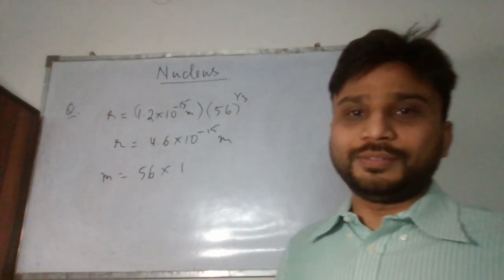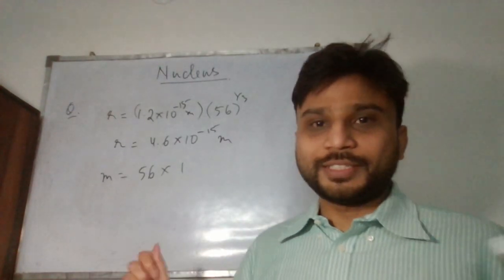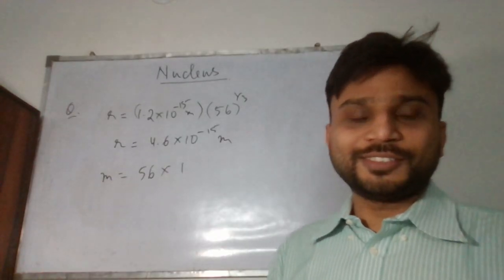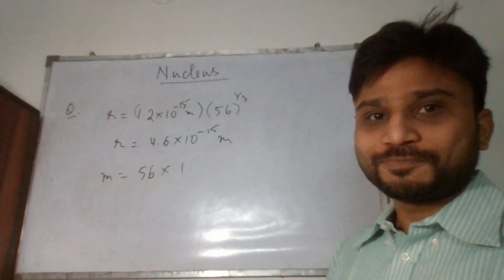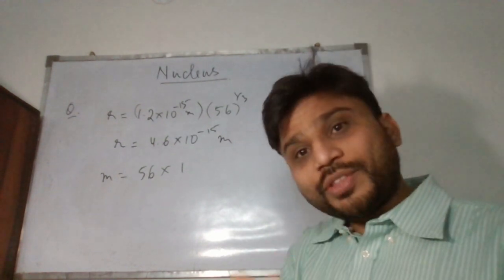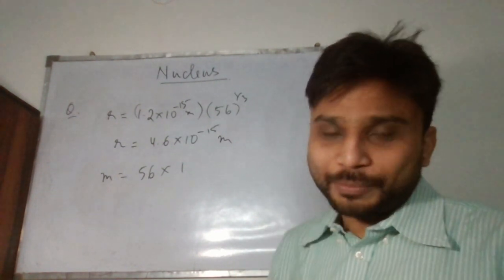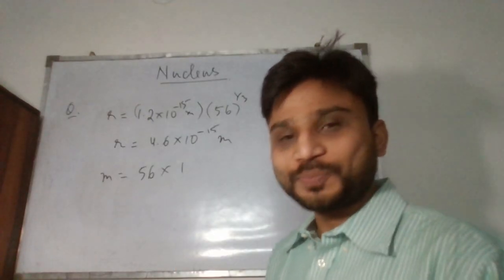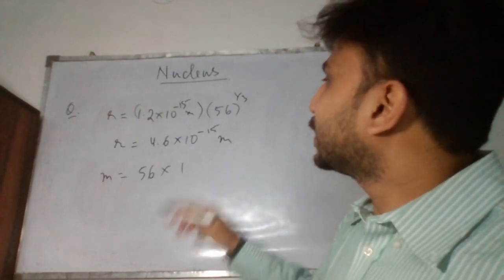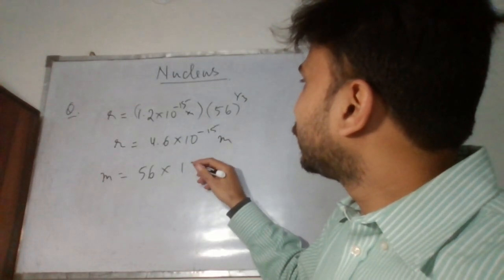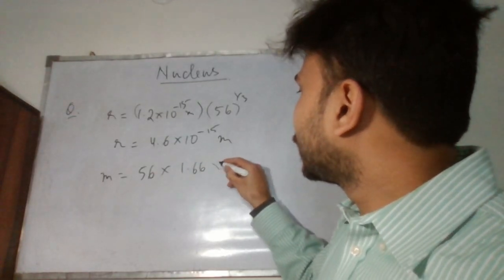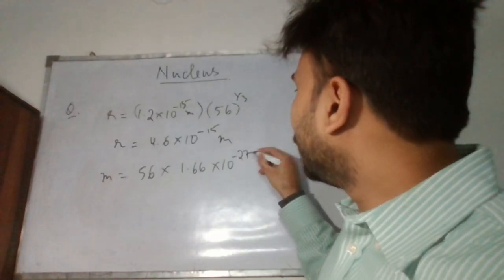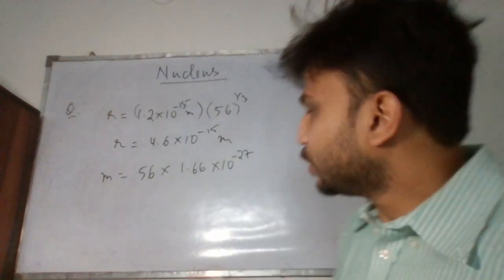So many people in our lives, they are just hammering away at things. The man with the hammer. So what is the mass of the atom inside that hammer? We are calculating that. So it is 56 into 1.66 into 10 to the power minus 27 kg.